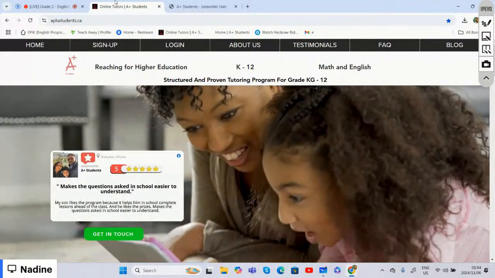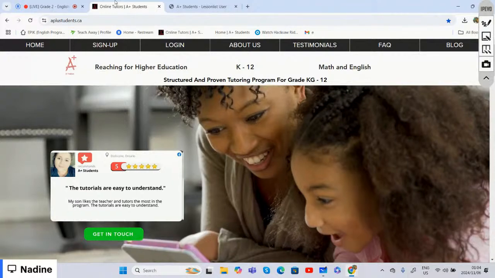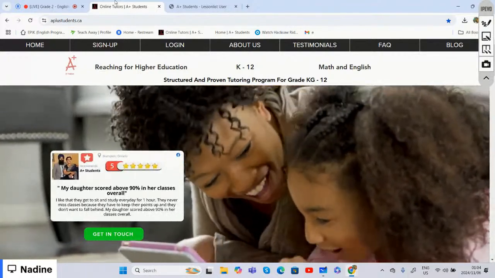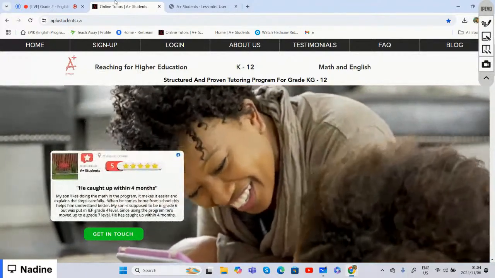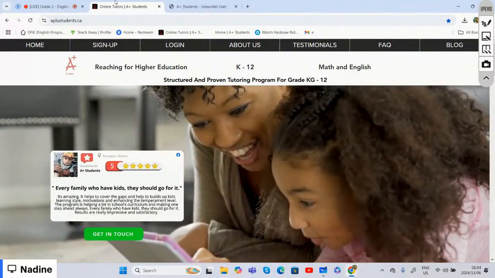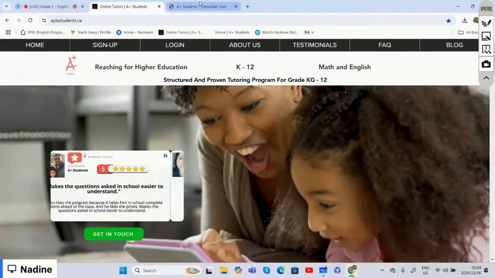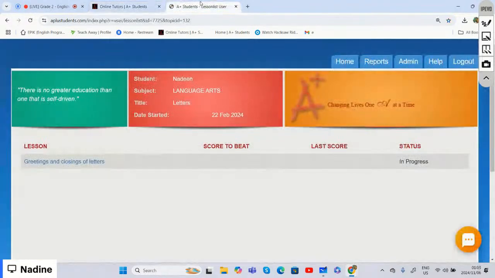We're doing grade 2. Then we're going to scroll down until we get to our chapter of letters.